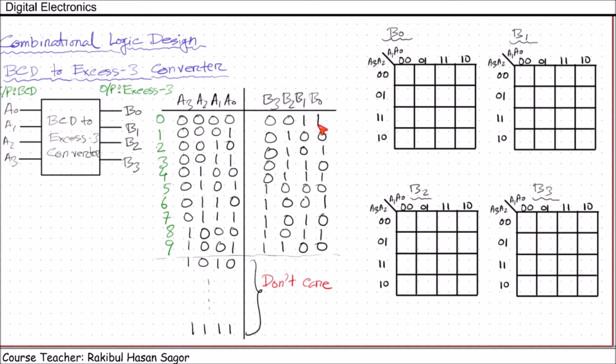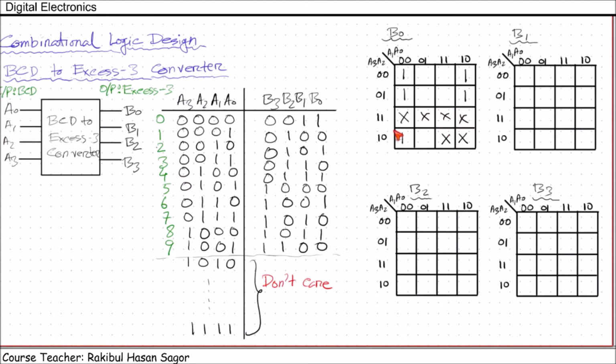Now let us find where we are getting B0 equal to 1. B0 equals 1 at positions 0, 2, 4, 6, 8, and the remaining positions 10, 11 and so on are considered as don't care, so we are placing don't care here.